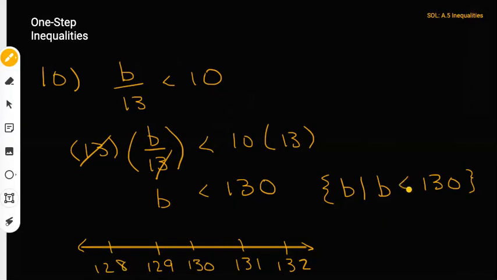Since I have a less than symbol, no equal to on the bottom, I'm going to use an open dot or open circle on 130. Now, do I shade to the left or do I shade to the right? Since b has to be less than 130, I need to choose the numbers that are less than 130. So I'm going to shade to the left. Another way you can think about it is the less than symbol is kind of pointing to the left if you think about it as an arrow.